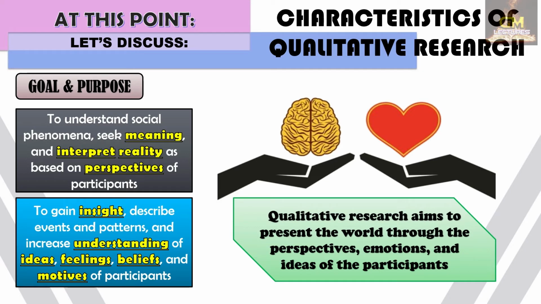One of the great characteristics of qualitative research is that it always involves the meaningful experiences of each individual. It emphasizes on the fact that each individual's experiences are meaningful and unique, and as such, each of these experiences would contribute how the world or how the entire reality can be explained or can be interpreted.